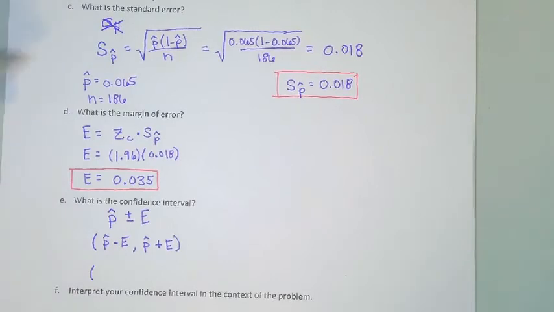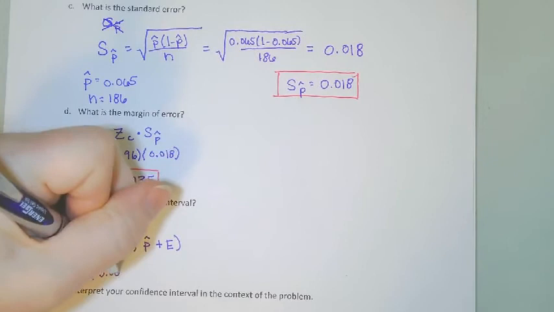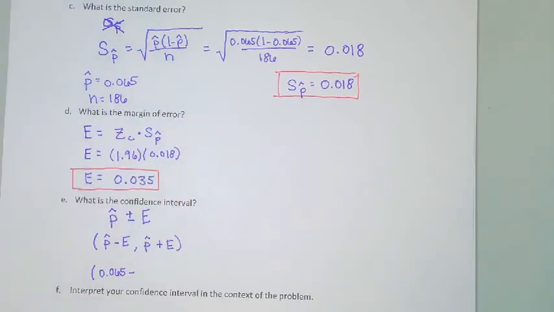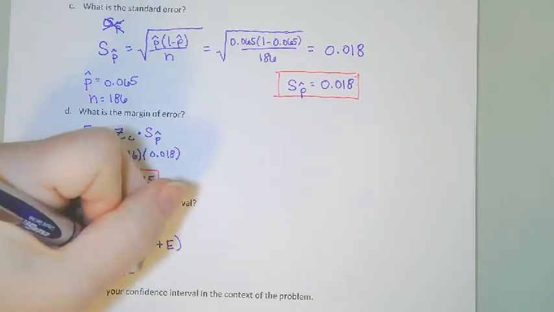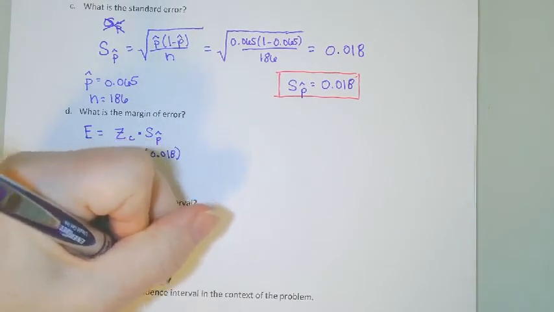For our low value, I have my point estimate of 0.065, from which I'll subtract the margin of error, 0.035.